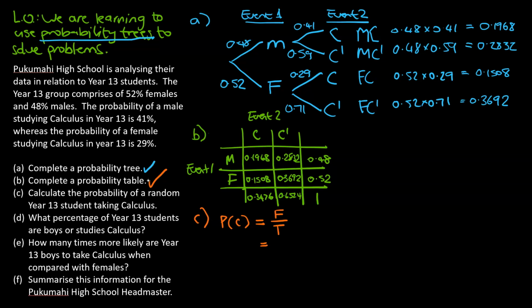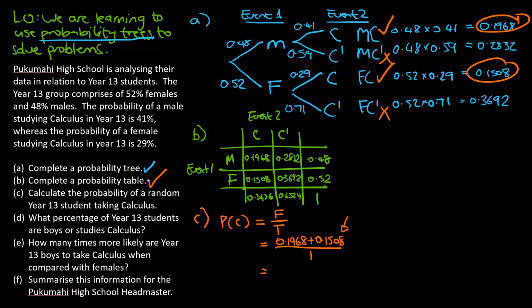So let's have a look at the tree. Do these people take calculus? Yes. These guys don't. These guys do. These guys don't. So if we add together those numbers, those are our favorables. So that's 0.1968. We're going to plus 0.1508. And that's divided by a total, which is all outcomes, so that'll be 1.